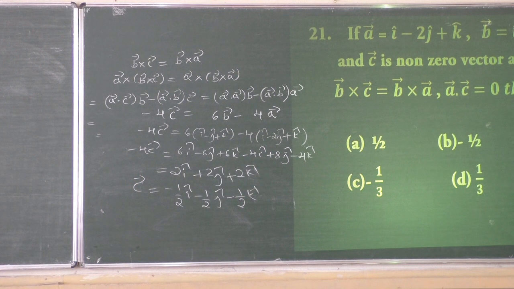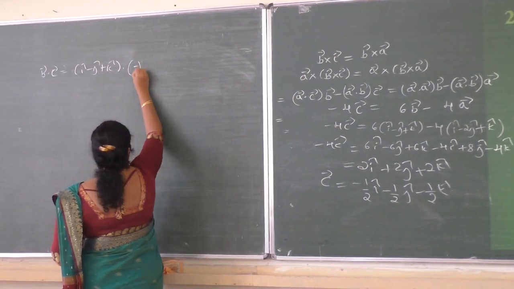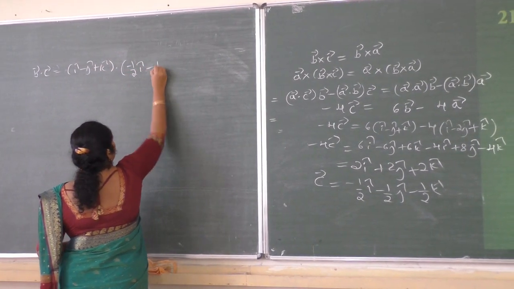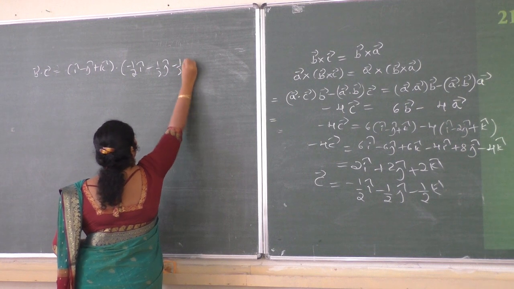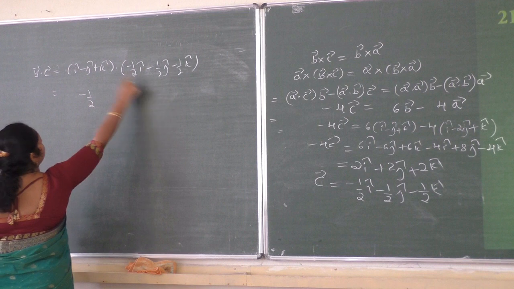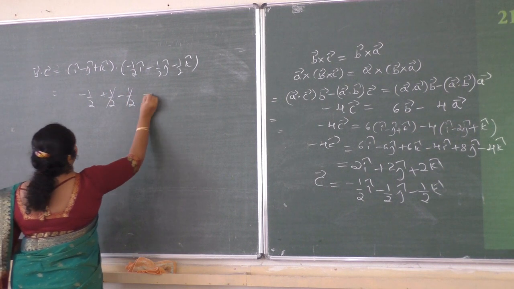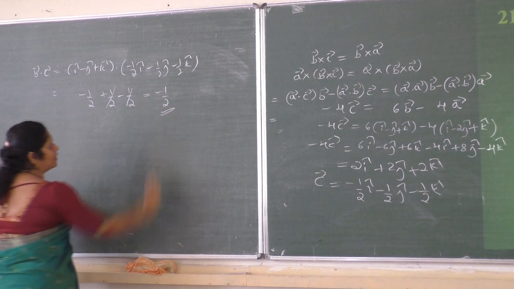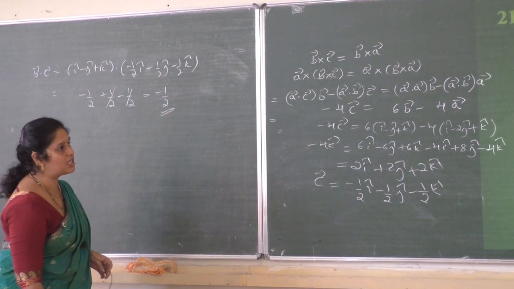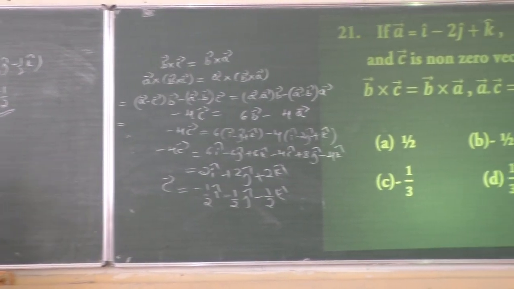And vector B dot vector C, where vector B is i minus j plus k, dot vector C, minus 1 by 2 i cap minus 1 by 2 j cap minus 1 by 2 k cap, is equal to minus 1 by 2 plus 1 by 2 minus 1 by 2. So the answer is minus 1 by 2. Vector B dot vector C is equal to minus 1 by 2. Option B is the right answer.